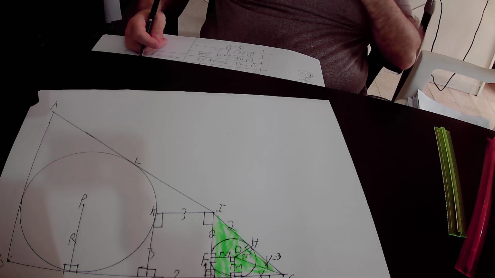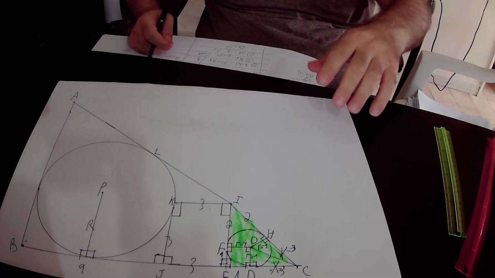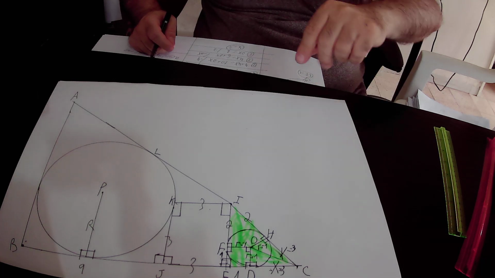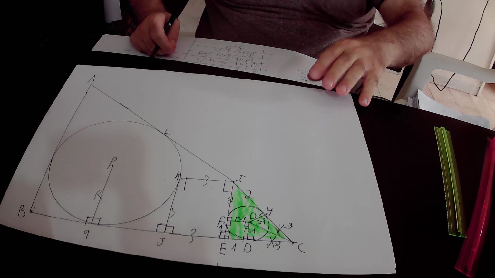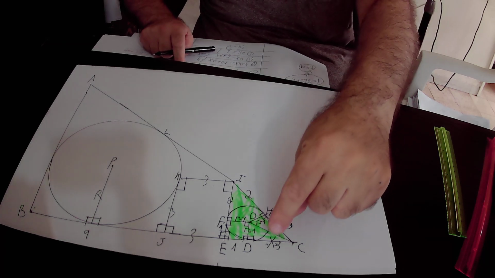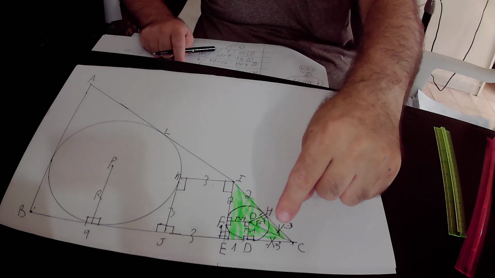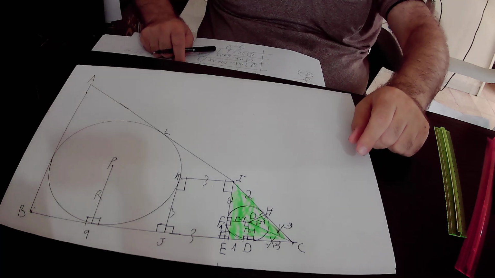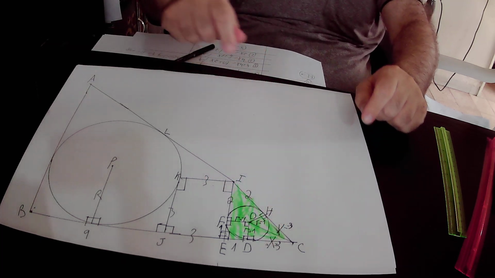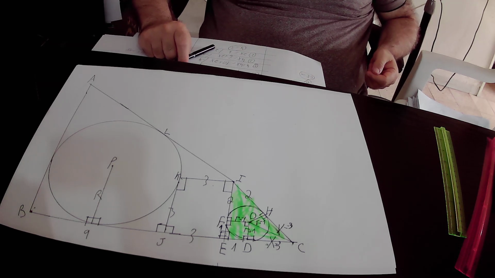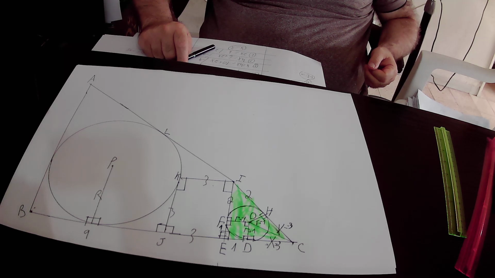And from the fact that those two triangles are congruent, we will derive that those two angles are equal to each other. Those two angles are equal according to the rule that corresponding angles in congruent triangles are equal to each other.